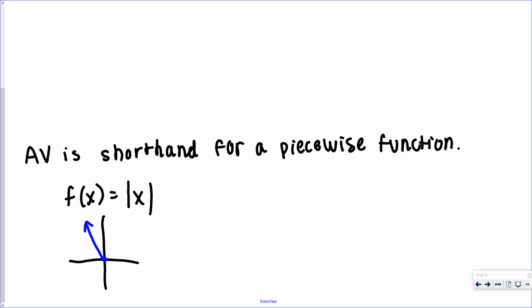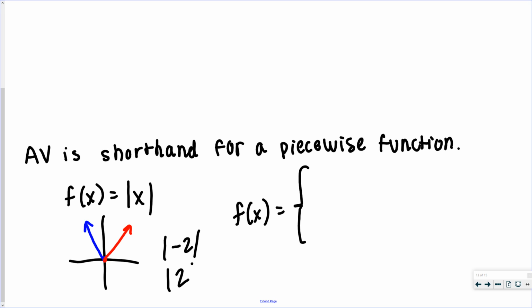It's a V shape. So this is actually a piecewise function. Okay, you can think of you have two lines here, the blue line and the red line. So another way we can write this, and this again kind of goes back to what we were just talking about. I could plug in a value and get out 2, or I could plug in the opposite of that value and still get out 2.